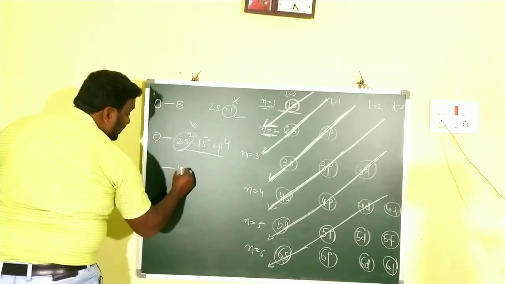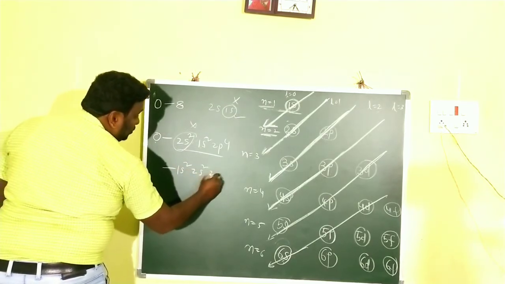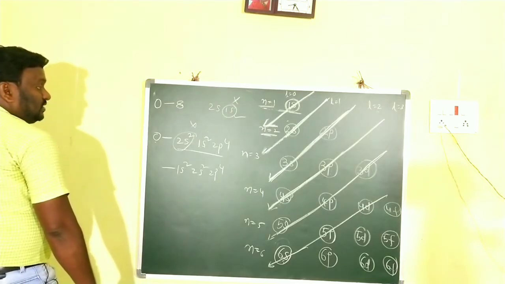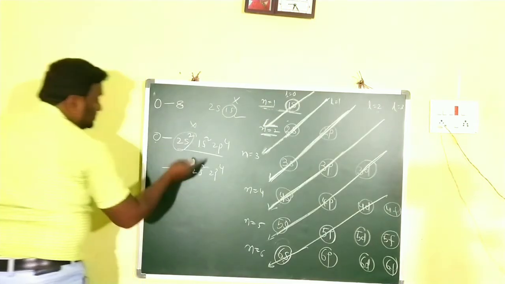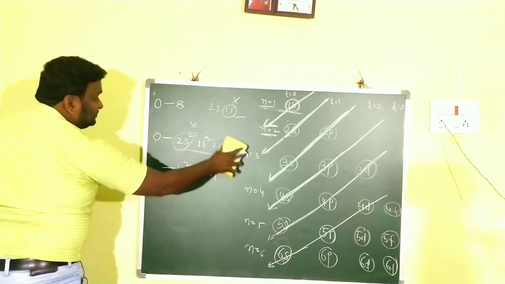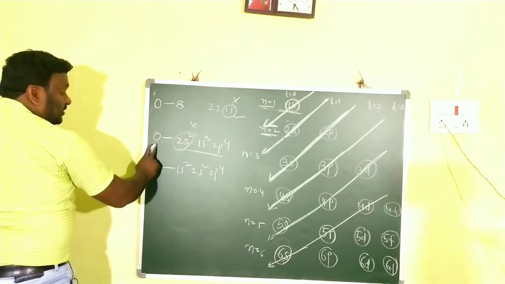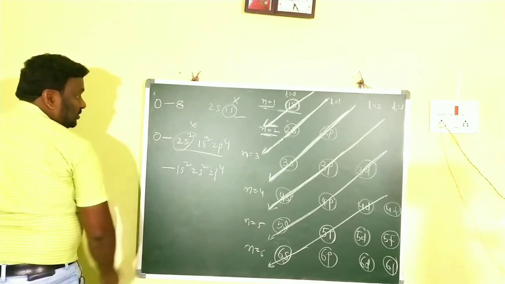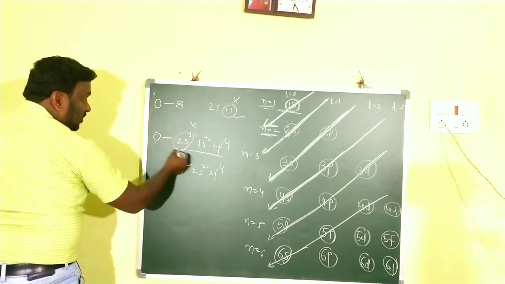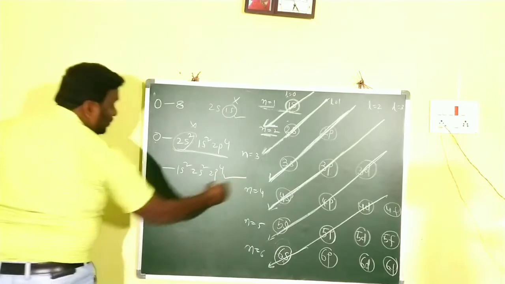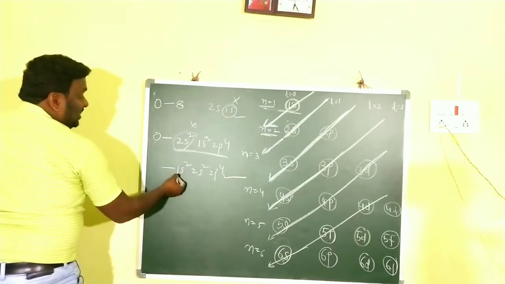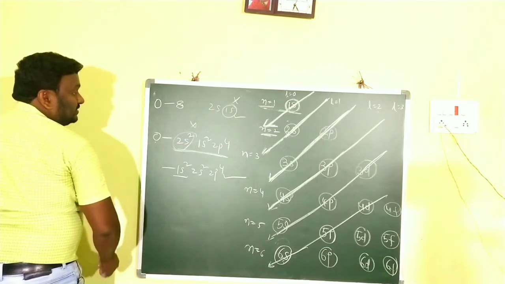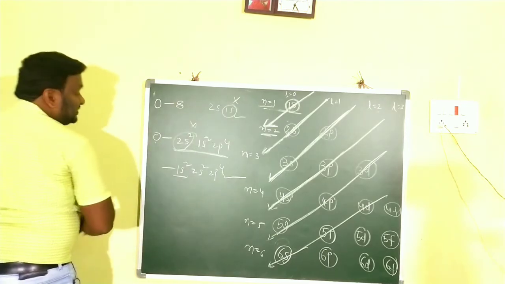Like this: 1s2, 2s2, 2p4. Got my point, children? Why is it wrong? First we have to fill the lowest subshell, but here the higher subshell is filled. So you have to justify your answer like that.